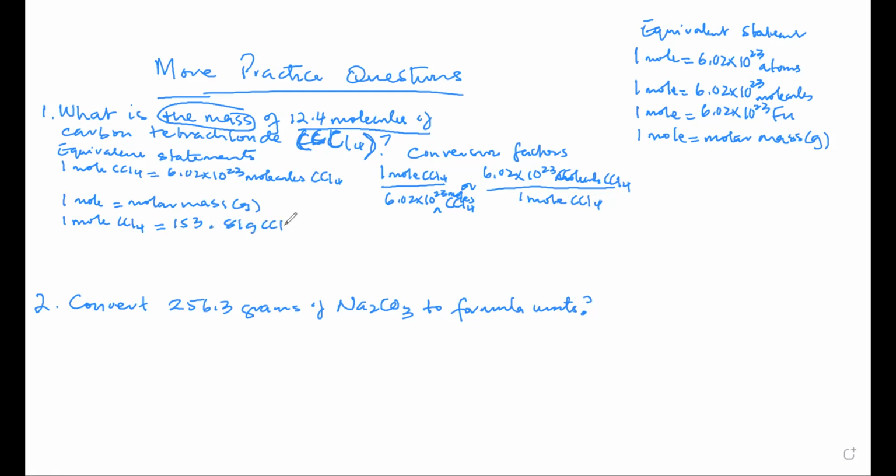And the conversion factor will be 1 mole over 153.81 grams of carbon tetrachloride, or 153.81 grams of carbon tetrachloride over 1 mole of carbon tetrachloride. Okay. Then what is our strategy?